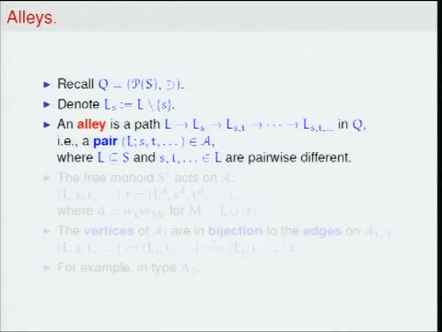Or more briefly, as a pair consisting of a starting set L, and then a sequence of elements S, T and so on. That's a pair consisting of a subset L of S and an ordered list of pairwise different elements in L.